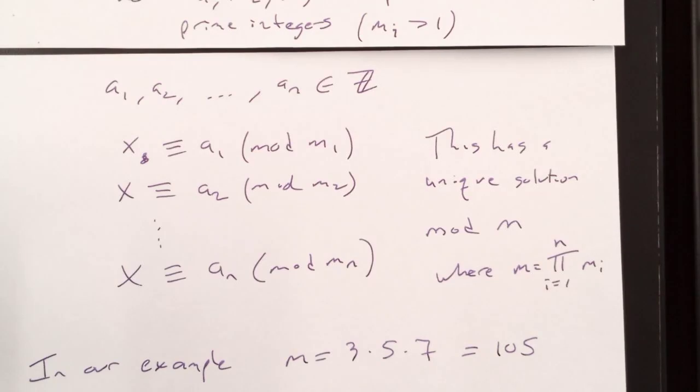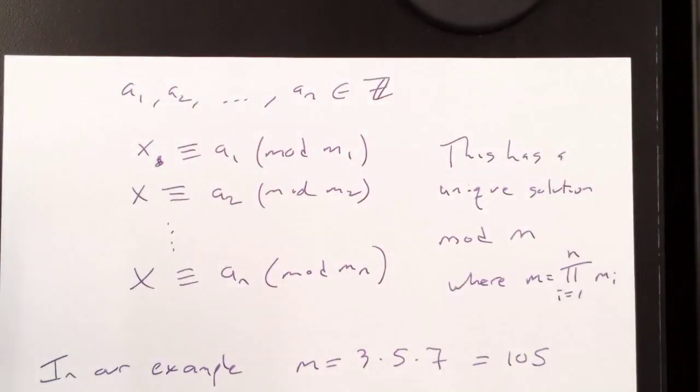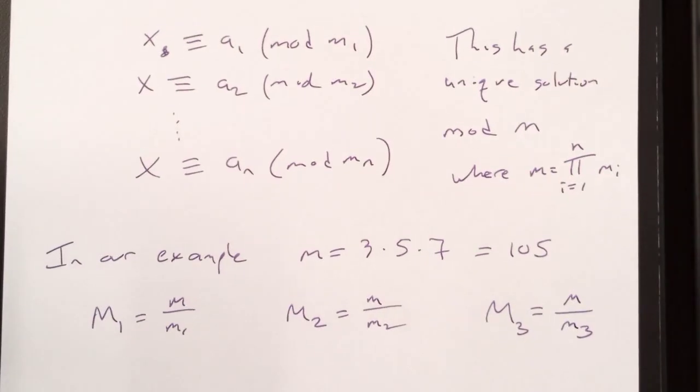I need you to compute for me three new values. And those three values divide out the first, second, and third primes respectively.